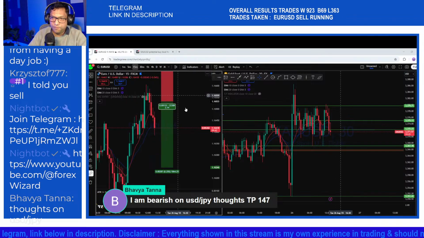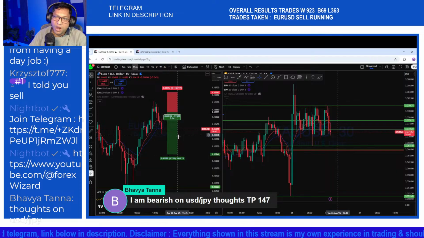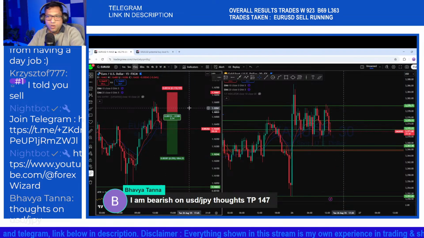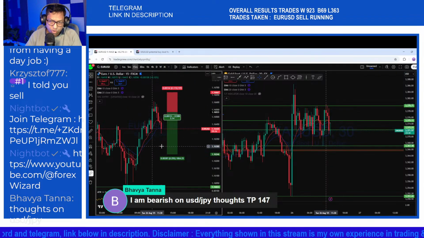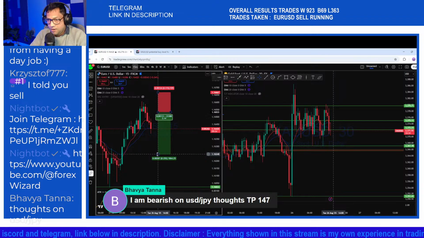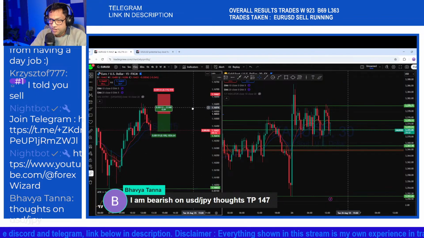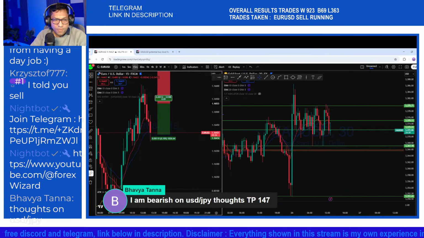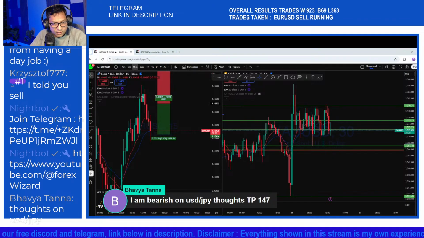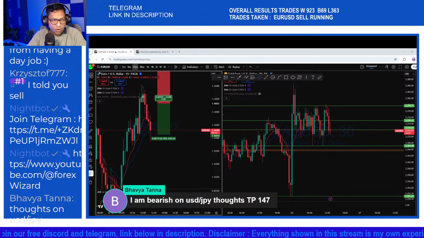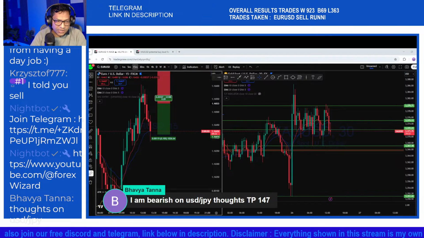Now 13 pips we have secured, because it might revisit that area or it might not, as there is a cross of the 10 and 20 EMA. So we will be re-entering if needed, adjusted. So I have secured the profit in that trade. We'll be discussing it in depth.